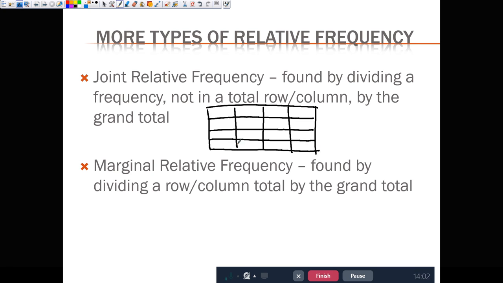Alright, so what this means, this is like our name, total, name, total, and this is our grand total. Okay, this is taking any numbers that are not in the total row or column and comparing it to the grand total. Okay?